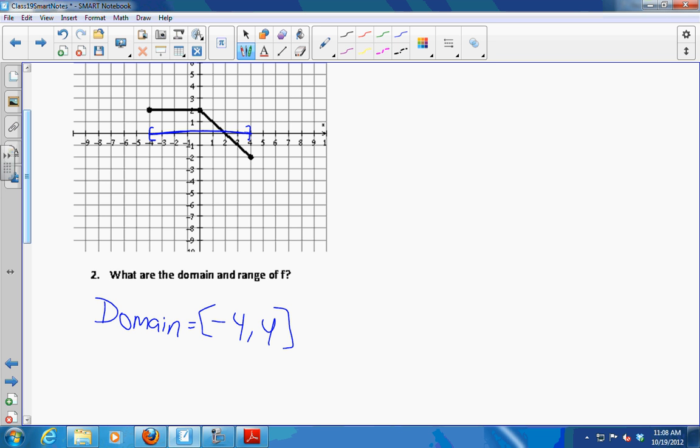And then how about the range? -2 to 2. Those are the y values covered by the function. Good.